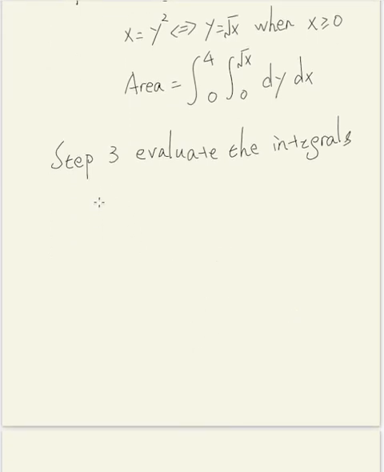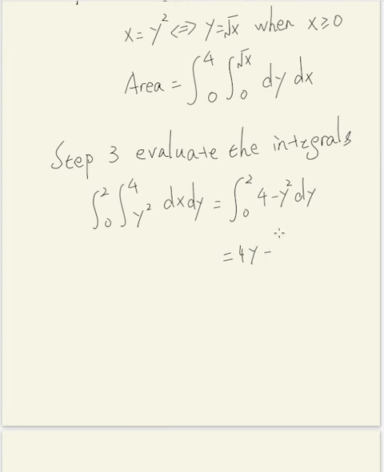The original double integral was 0 to 2, and then from y squared to 4, dx and dy. Let's compute this. This is from 0 to 2, 4 minus y squared dy. That's 4y minus y cubed over 3 from 0 to 2. 4 times 2 is 8, and 2 cubed is 8, so 8 minus 8 over 3, which is 16 over 3.